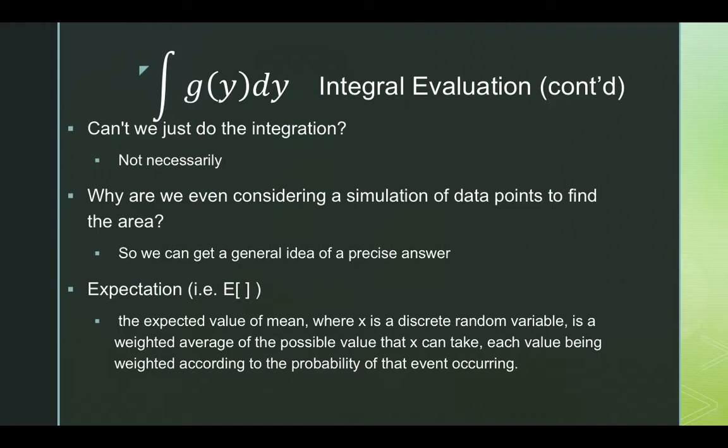We're just getting a general idea of what the precise answer would look like for that distribution, and that brings us to the topic of expectation, which is simply the mean of a bunch of data points.